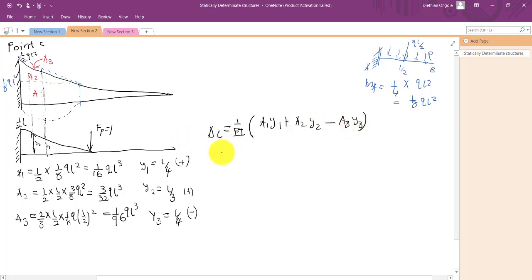So when we work out this calculation here, we shall discover that we get our answer as 17 over 384 EI times QL power 4. So basically that is how we work out these numbers using the shape multiplication method.